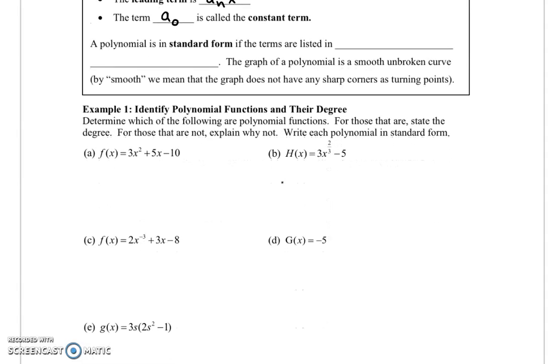So a polynomial is in standard form if the terms are listed in descending order of the exponents.